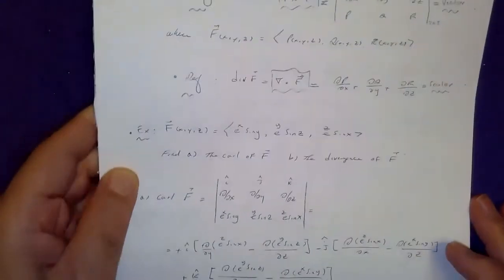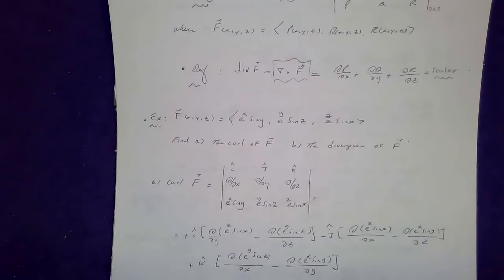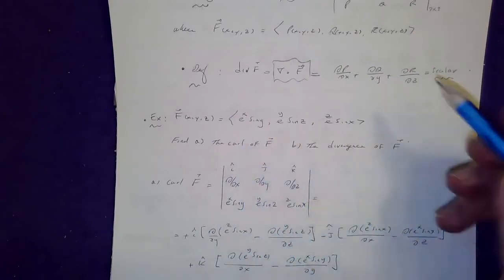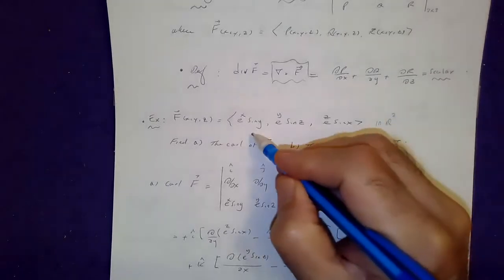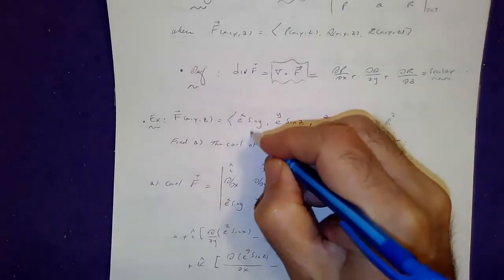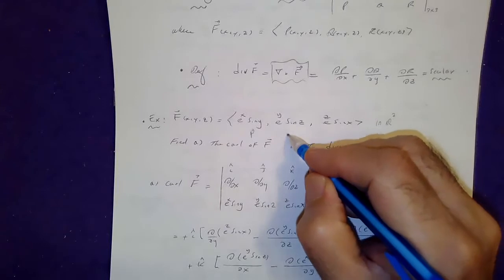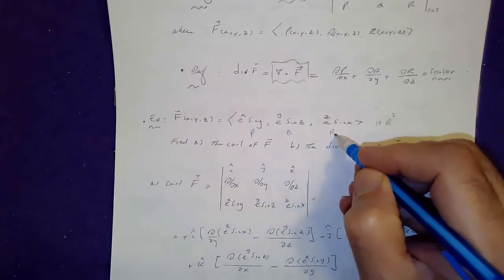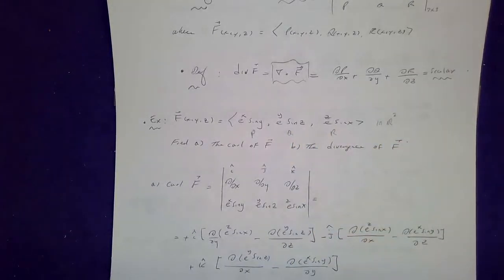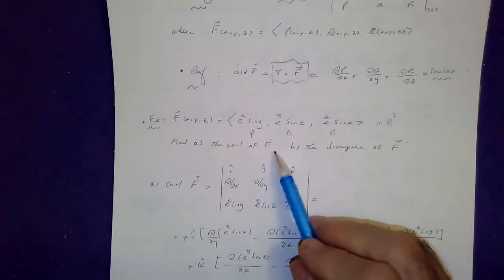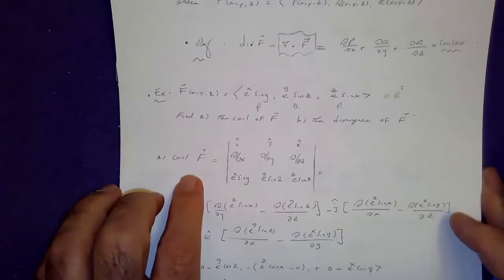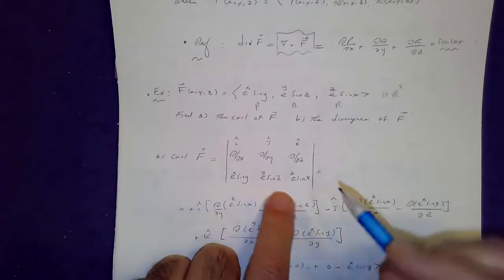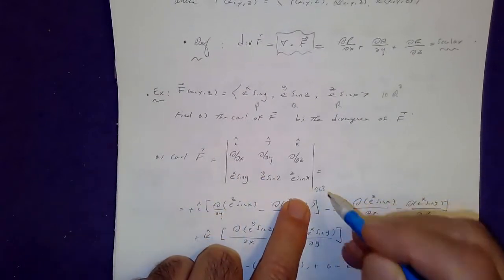So let's do an example to see what's going on here. Suppose you have a vector field in R3. This is the P, the x component, this is Q, the y component, and this is R, the z component. The question is, find the curl of f and the divergence of f. To find the curl of f, you have to form this 3 by 3 determinant.